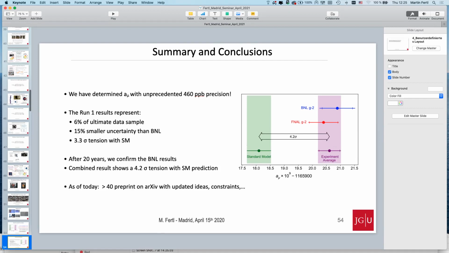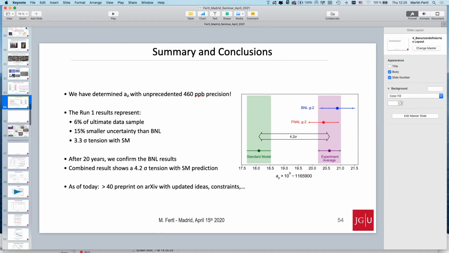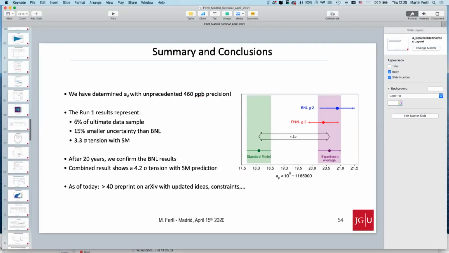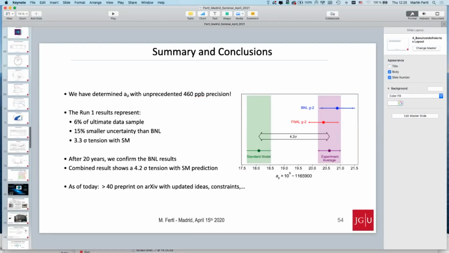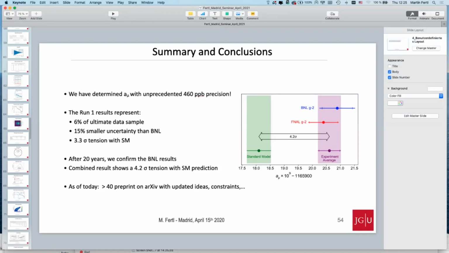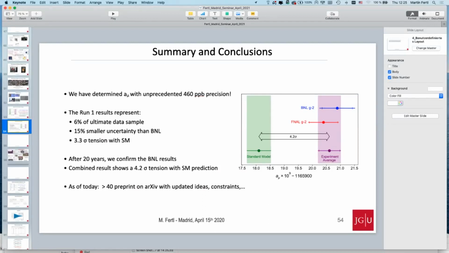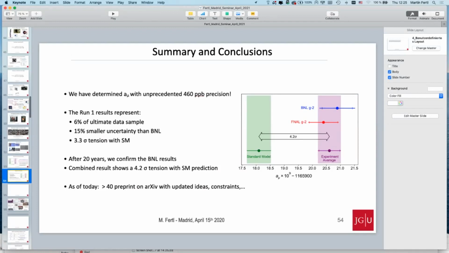I'm sorry I didn't put the backup for the plans in, but right now we are still running in run 4, and in fall we will start another round. So we have a run 5 in which we then will be able, if everything goes according to plan, to accumulate the more than 20 times the statistics than Brookhaven that we really need.